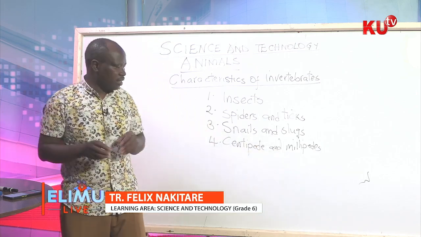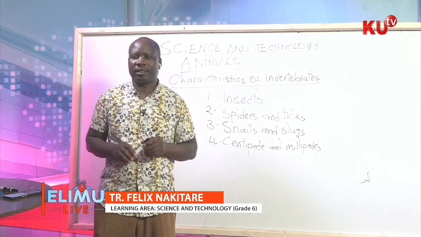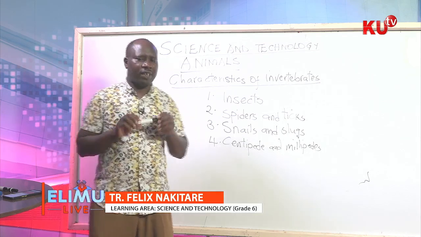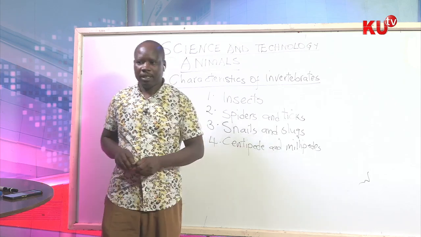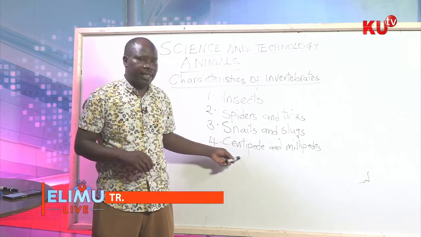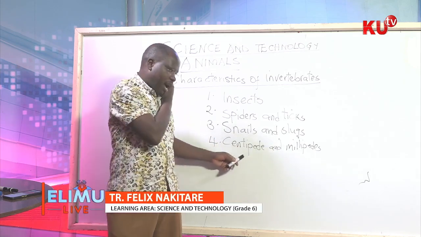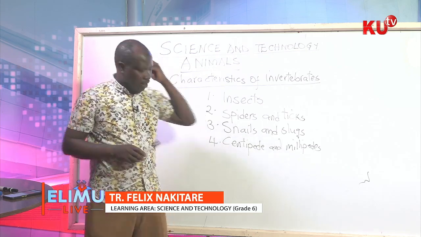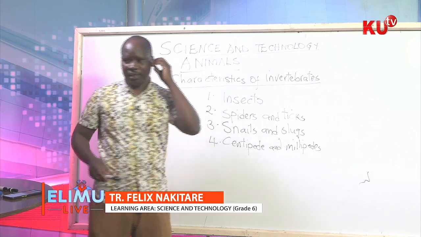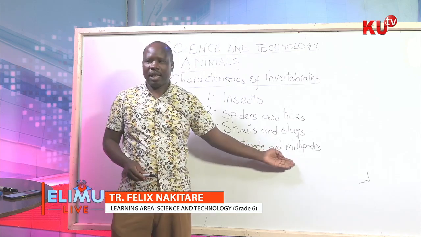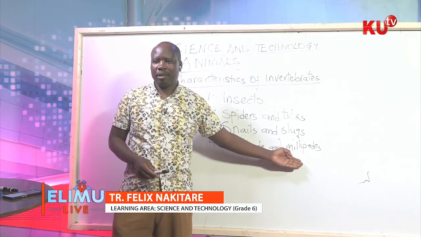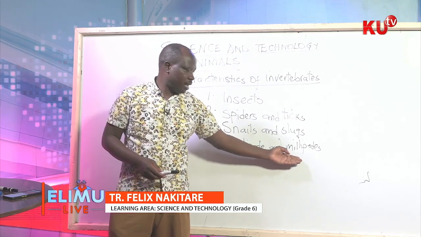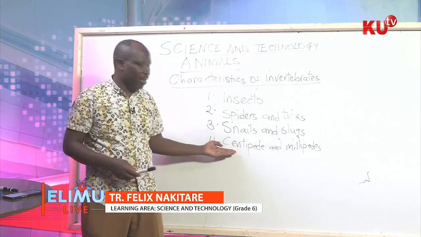But to differentiate, apart from the other characteristics, we can get the difference from their names, centipede and millipede. Centipede, from the word cent, means 100. And milli means 1,000. So between 100 and 1,000, which one is a bigger number? Definitely 1,000 is bigger than 100.